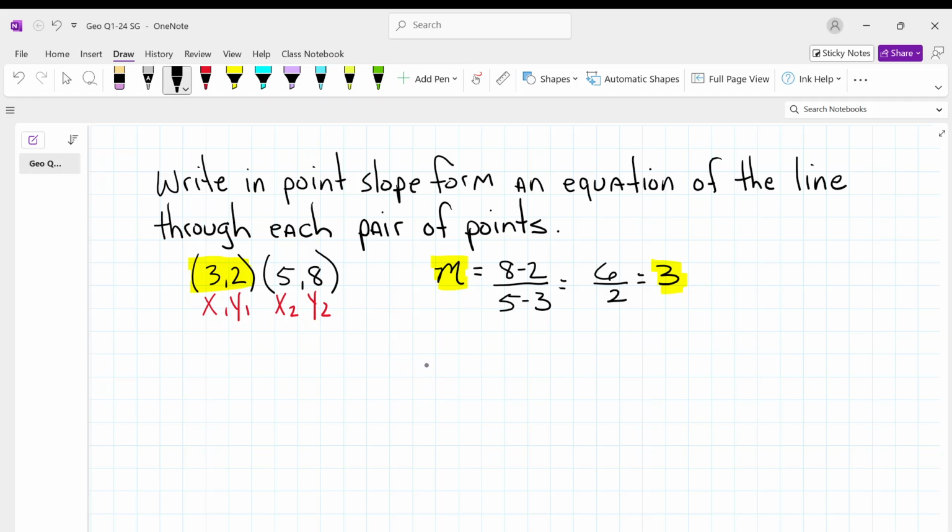So our equation here would be the letter y and the opposite of this first y value. So y minus 2 equal to the slope, left parenthesis letter x, and the opposite of the x value given, so minus 3.